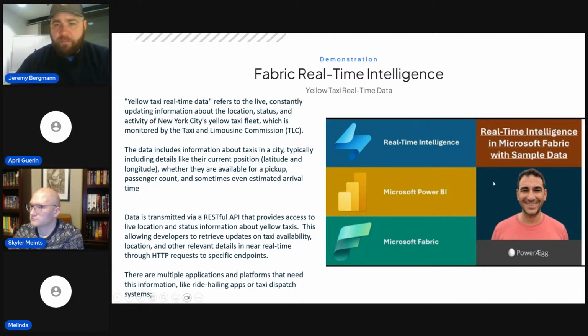So this one ends up being a pretty technical demo that he gives, but he does a really nice job here of showing the different components from start to finish. So it's first setting up the data stream and then processing the data using KQL and then visualizing it in Power BI.